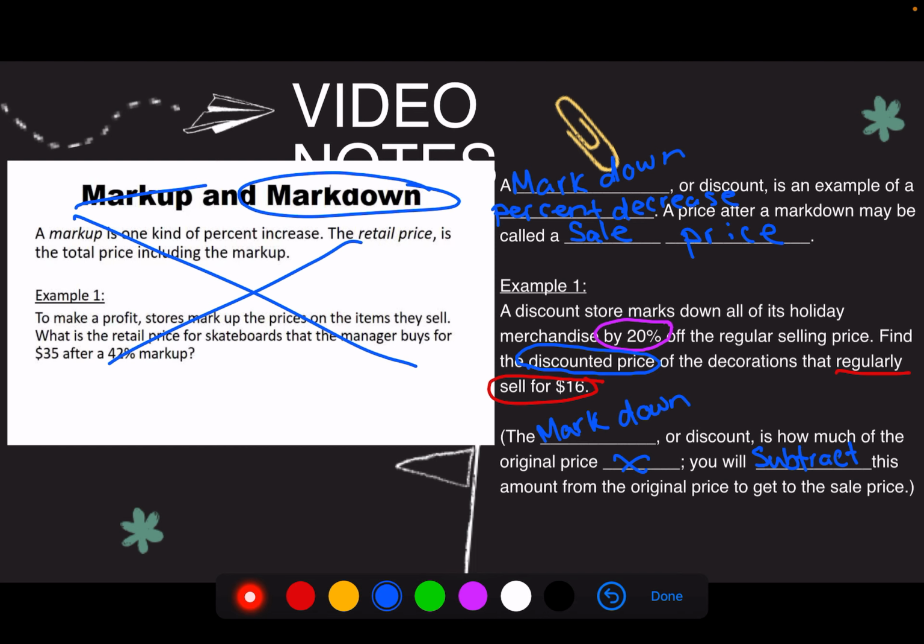Oh, I know what goes there. So this is subtract. How much of the original price is reduced? And you will subtract this amount from the original price to get the sale price. Okay, so markdown, reduced, percent decrease, those are all keywords for markdown.